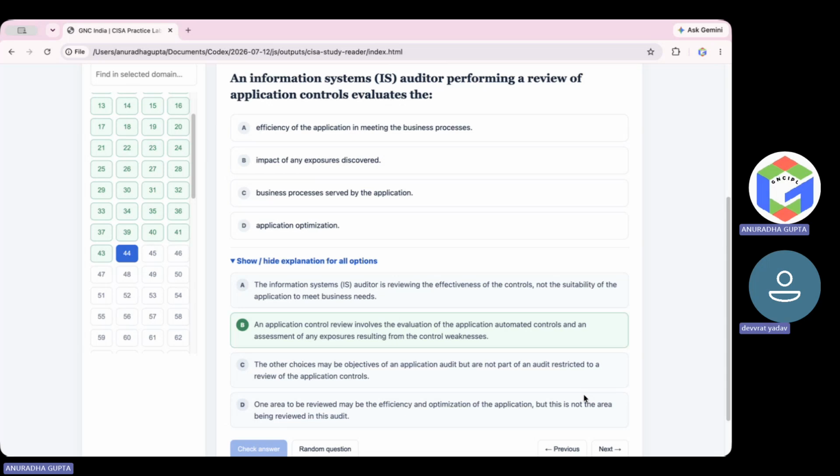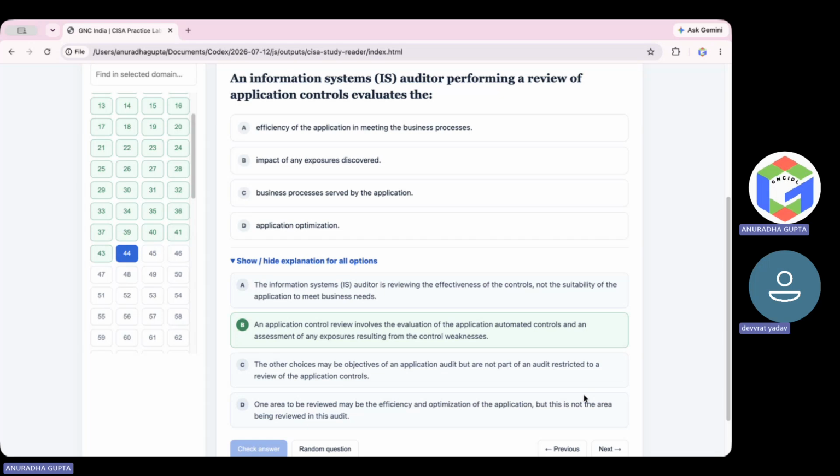It is not like if you are assessing only one application, based on that you can decide that yes, the organization has met its business goal. It is not like that. You got my point?